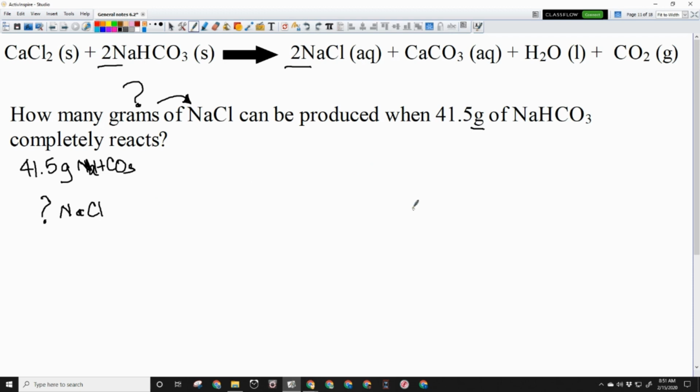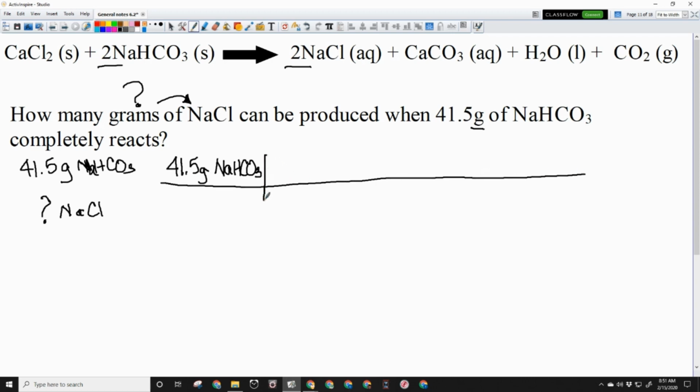Okay, so let's get this started. So 41.5 grams of sodium bicarbonate, over 1. I know this is going to be long, so I drew that line out there.